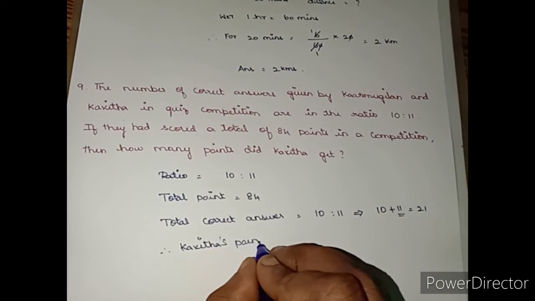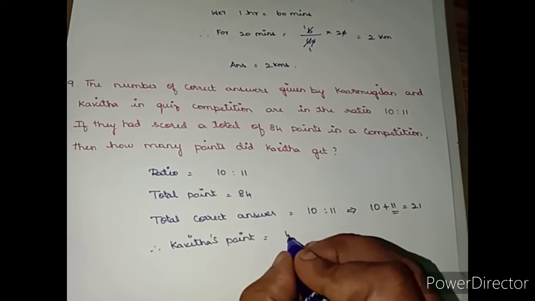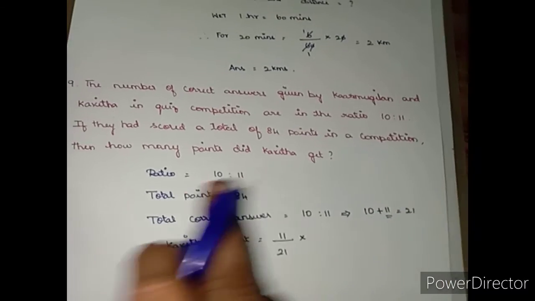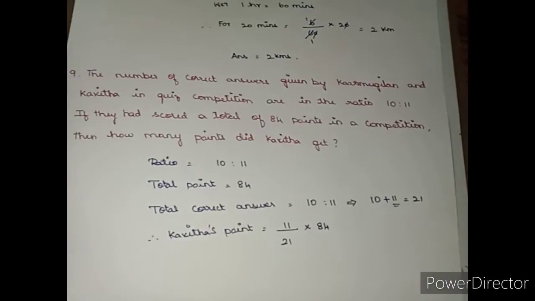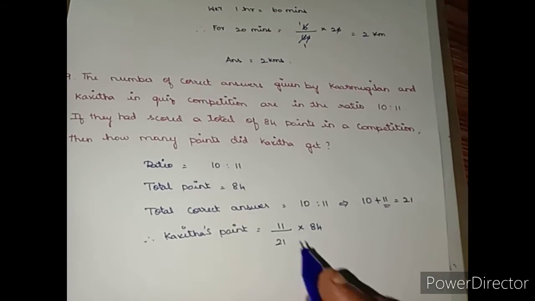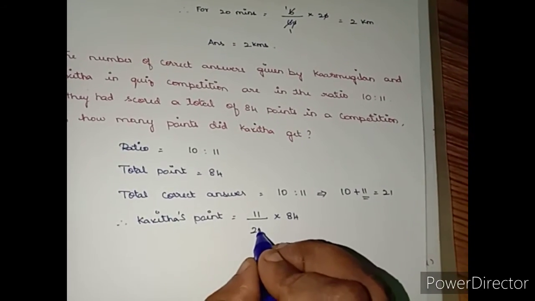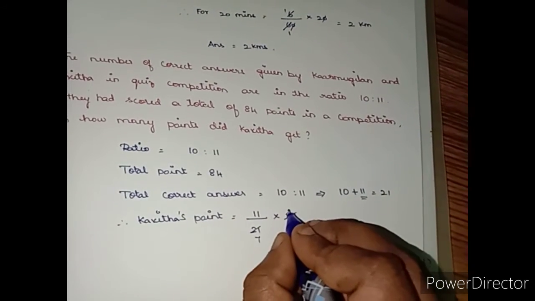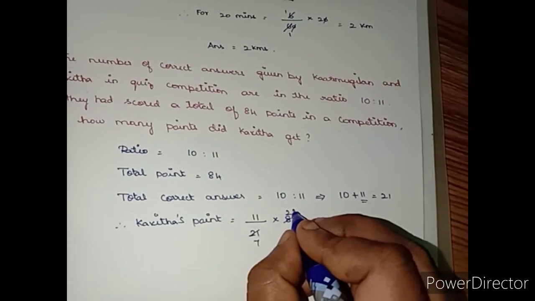point is equal to, so what is Kavita's point? 11 by the total point 21 into, what is the total points they have got? 84, right? So in 3 tables, 3 sevens are 21, 2 and 24, 8 times.